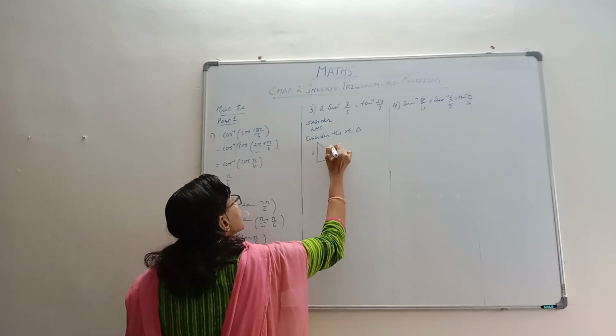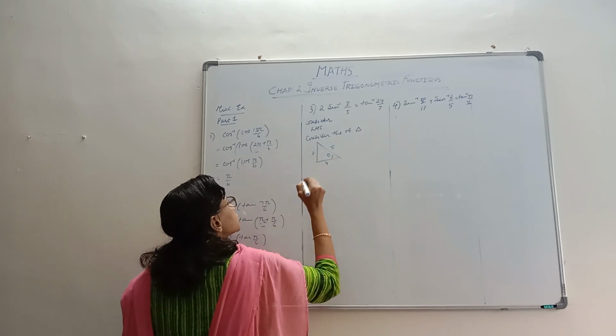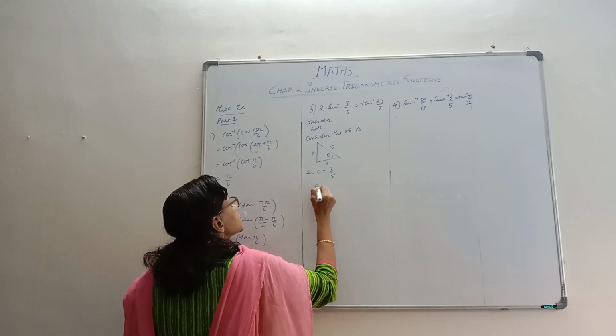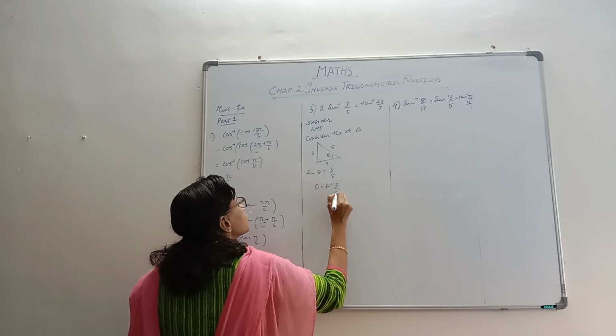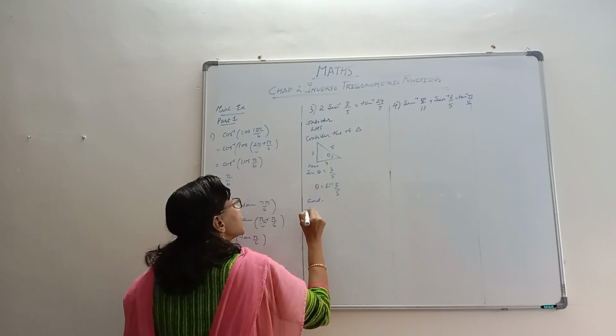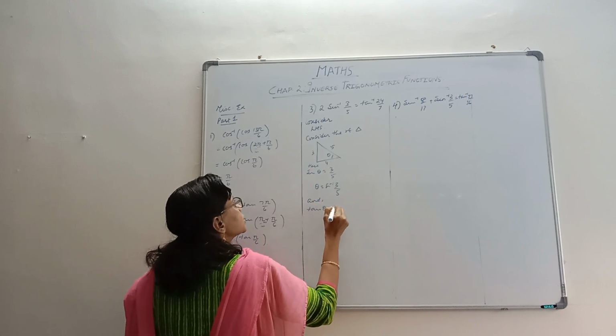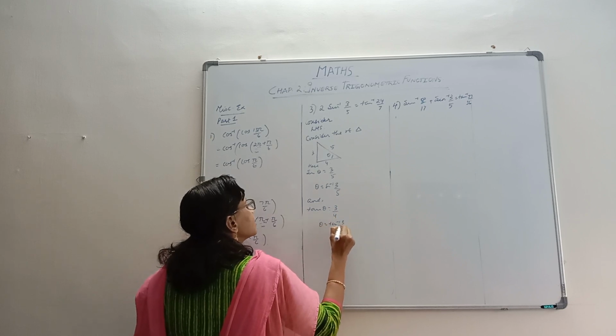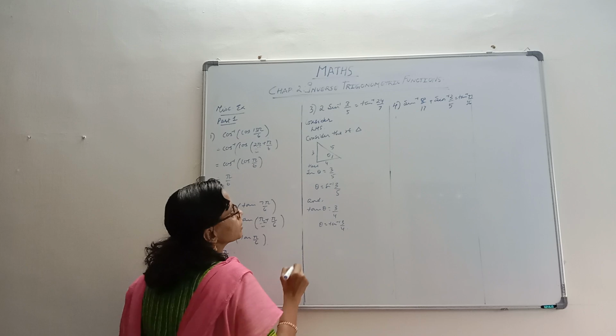It has sides 3, 5, and because it's a triplet, the other side is 4. You know that sine theta here is 3 by 5, which makes theta as sine inverse of 3 by 5. And we are always interested in tan, because tan is a very flexible function. So tan theta is 3 by 4, so theta is also tan inverse of 3 by 4.